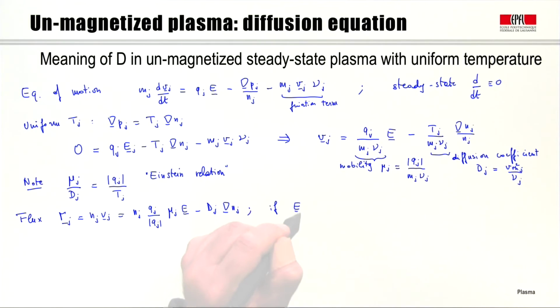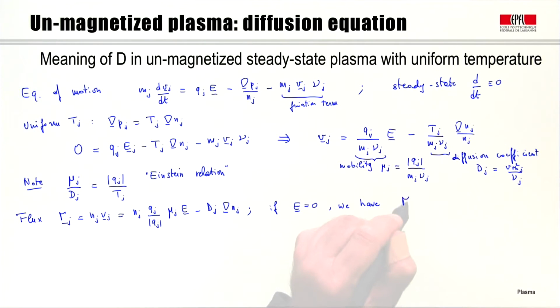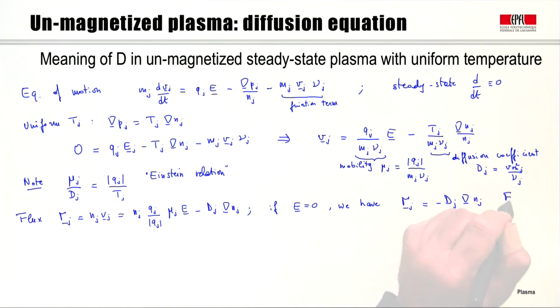Now consider for a moment a zero electric field. In this case, we have that gamma, the flux, is equal to the diffusion coefficient with a minus sign in front times the gradient of the density. This is the so-called Fick's law. It tells us that particles tend to move down a density gradient, which is a very general property, of course.